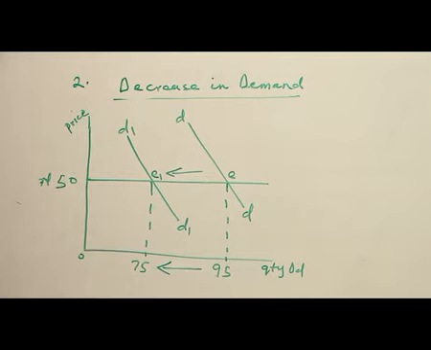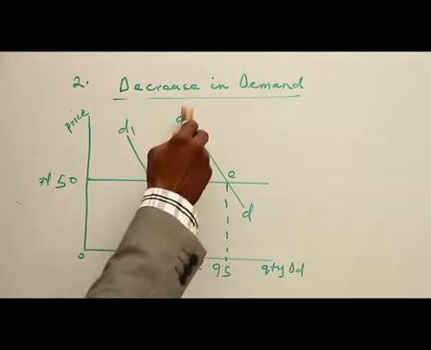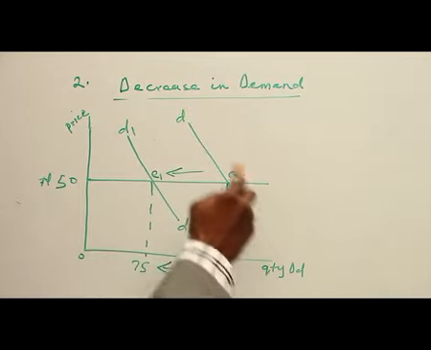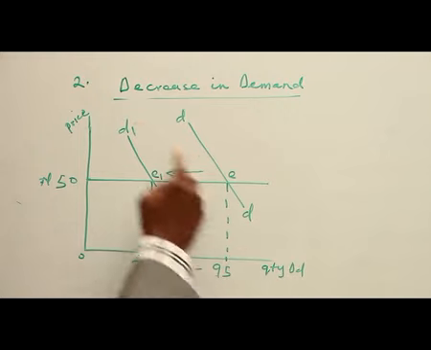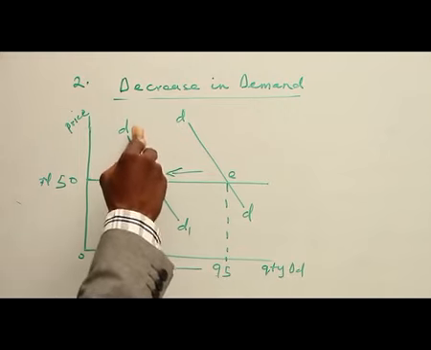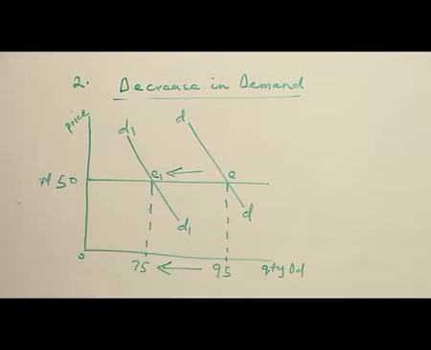And looking at the demand curve, we have D, the downward sloping demand curve, and the demand curve again D1. The implication is that the demand curve shifts from the right to the left, and whenever the demand curve shifts from the right to the left, it indicates a fall in demand, while the price is constant.